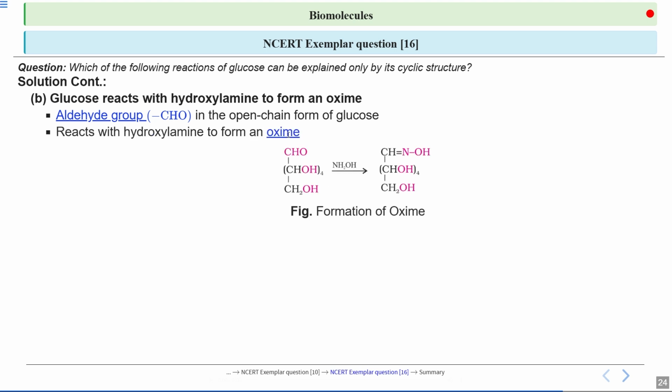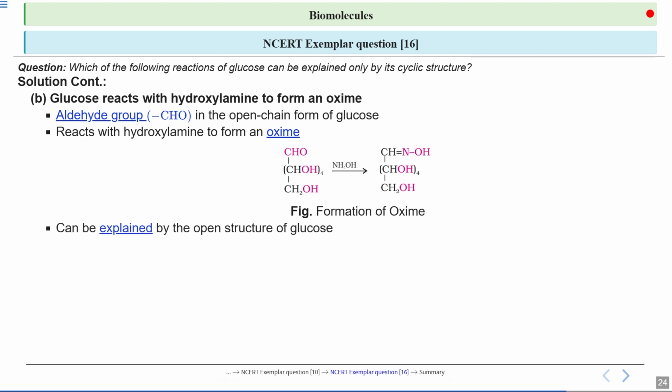When glucose reacts with hydroxylamine, which is NH2OH, the aldehyde group forms a compound called an oxime. Look here, this aldehyde group forms an oxime. So this shows that the open form of glucose is necessary for this reaction to happen.